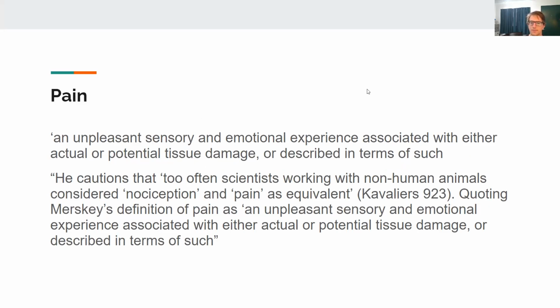We need to not put our human intuitions about pain onto insects when we're talking about this. But broadly, we can consider pain as an unpleasant sensory and emotional experience. You can't dissociate, as we've talked about, the two. They're intimately entwined.